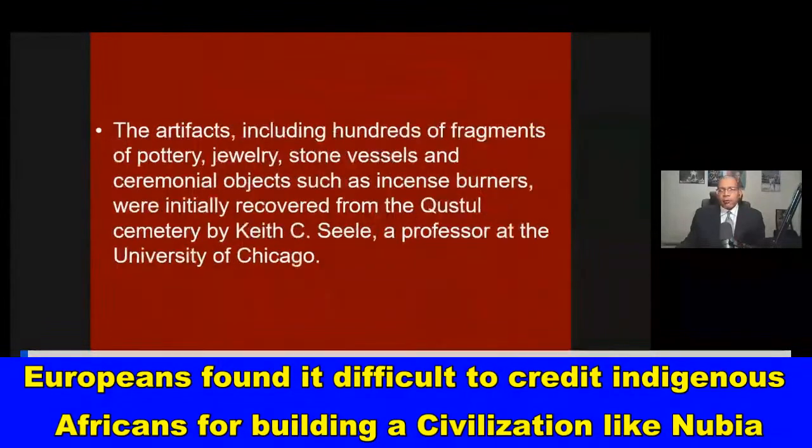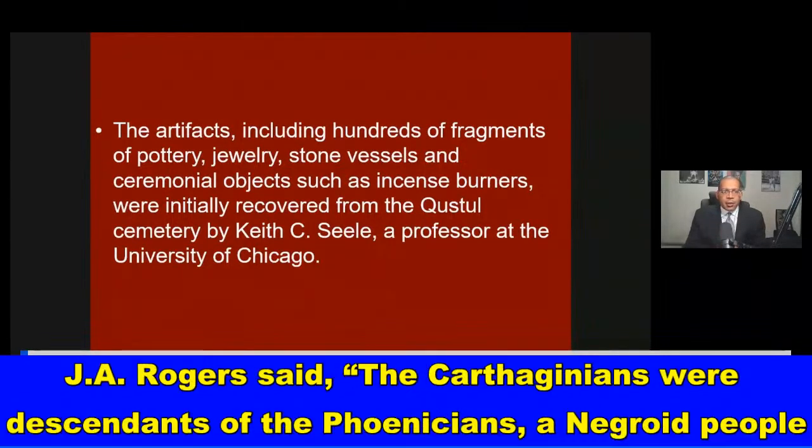End quote. Now, the artifacts, including hundreds of fragments of pottery, jewelry, stone vessels, and ceremonial objects such as incense burners, were initially recovered from the Qustul Cemetery by Keith C. Seele, a professor at the University of Chicago.